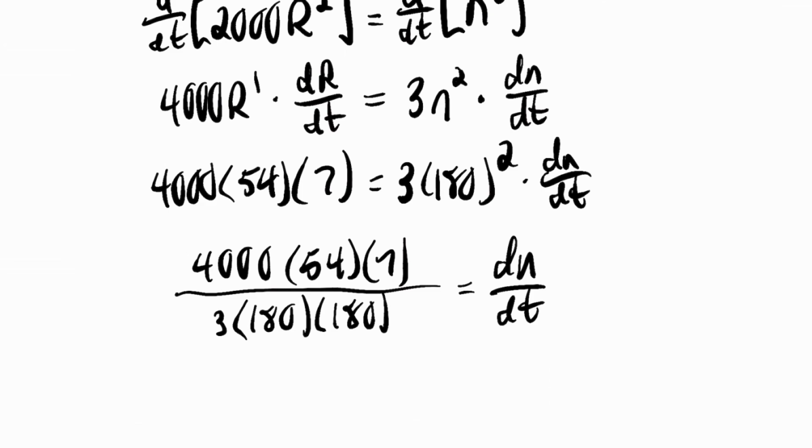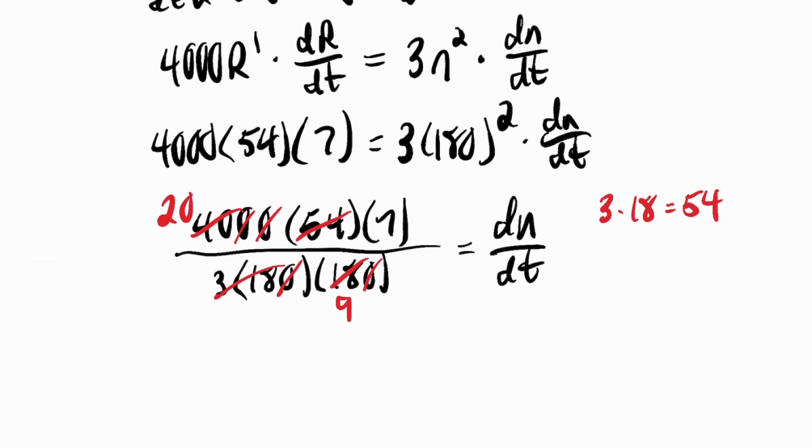I notice this 0 and this 0 can cancel, this 0 and this 0 can cancel. And I notice that 3 times 18 is 54. So 3 times 18 and 54 can cancel. So I've got a little bit less to type in. This 40 and this 18 can reduce. So I get 140 over 9. I think that's right.